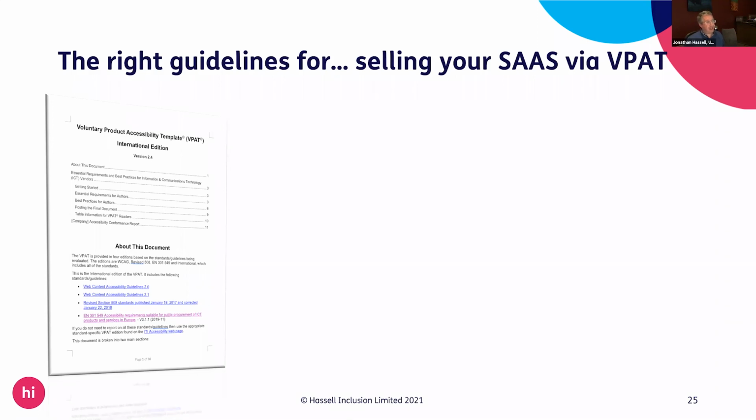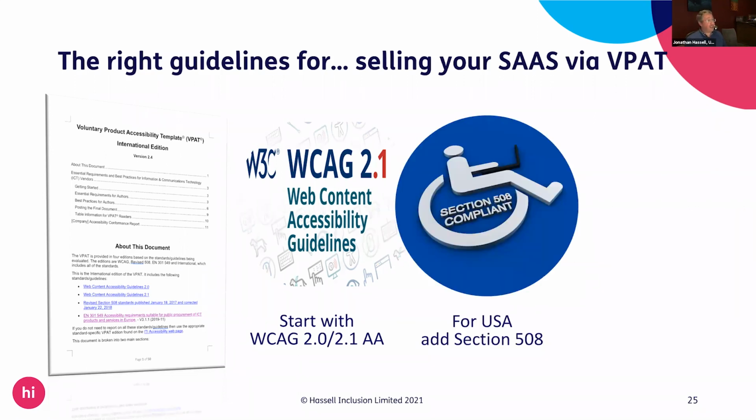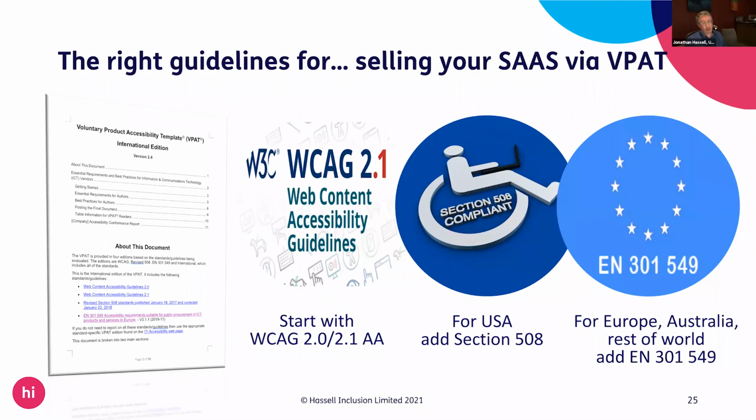The great thing is that the international version starts off with WCAG 2.0, even if you're doing other things that are non-web, there's still loads in that which actually crosses those technology boundaries. It brings in section 508, especially for people in the States, and EN 301549 for people in Europe, and also Australia and other parts of the world as well, who are really taking that up.